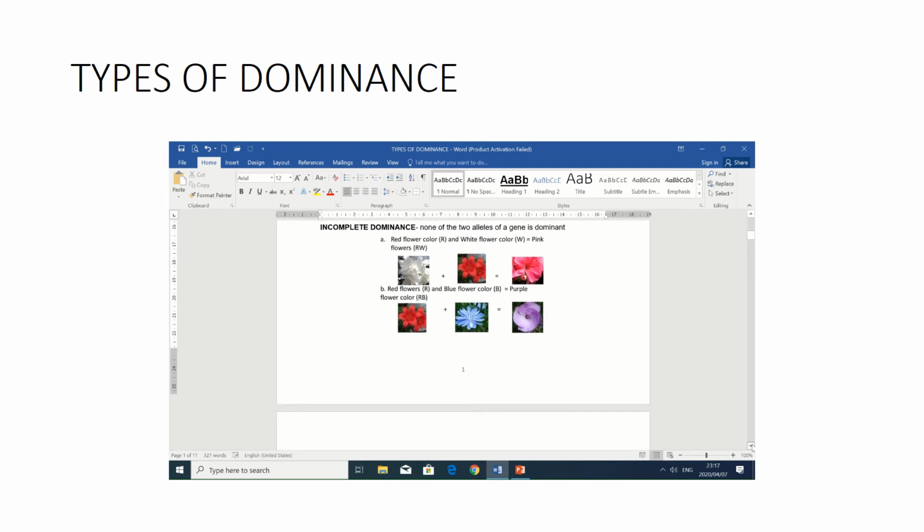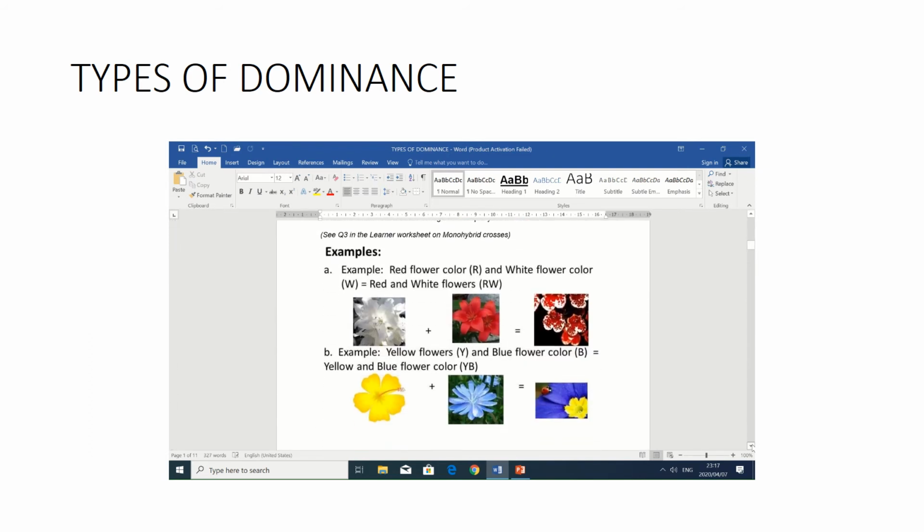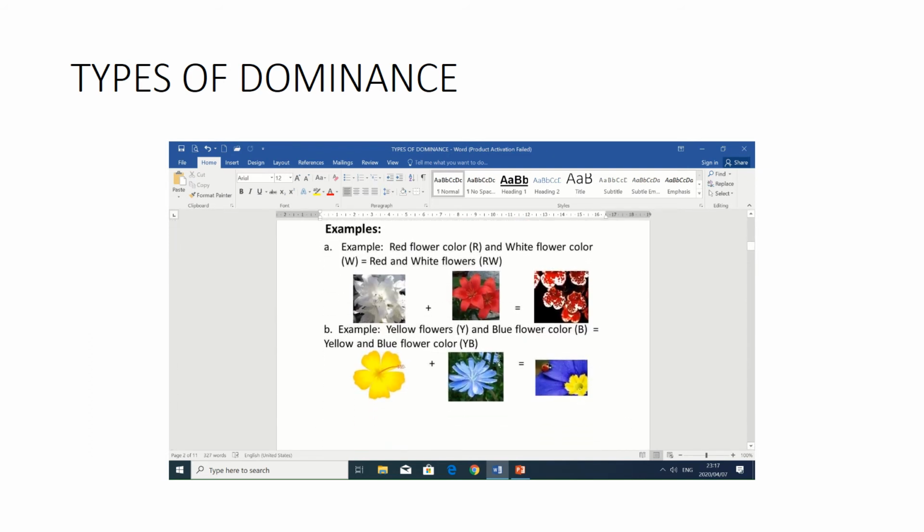Then lastly, we have a situation where when a white flower is crossed with a red flower, the resulting offspring show both the phenotype of the parents.